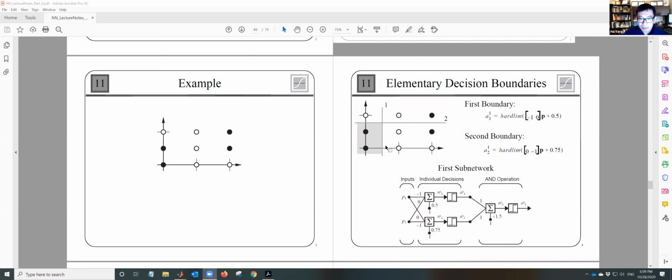So basically you're doing a 0-1 classification for these two boundaries. And you need to join both of them together. Only when both of them are 1, then minus 0.5, you can get a 1. So this is an AND operation. That means you need to be less than this and also less than this. Over here, then it becomes 1.